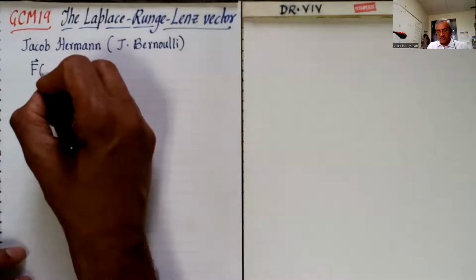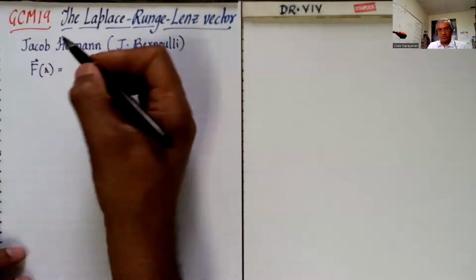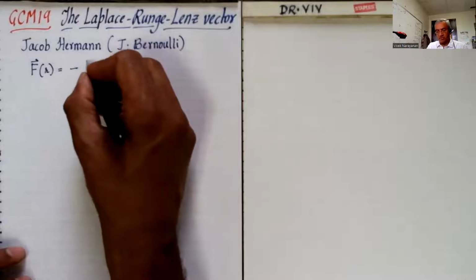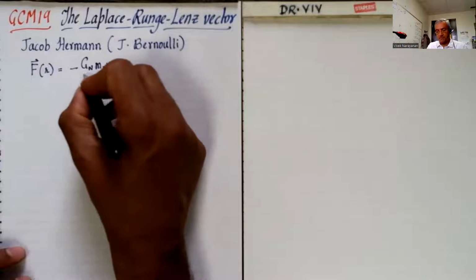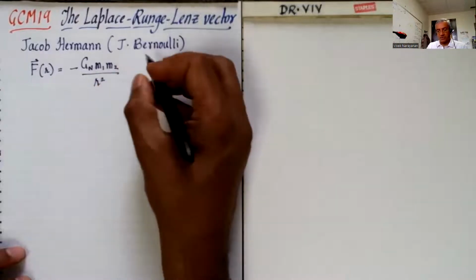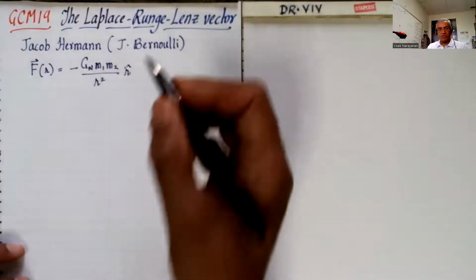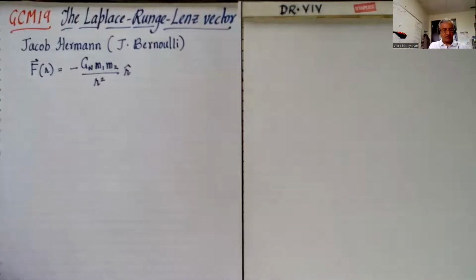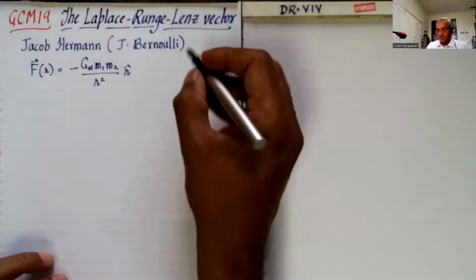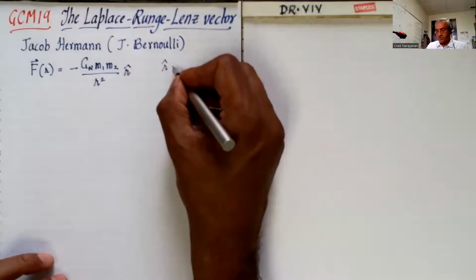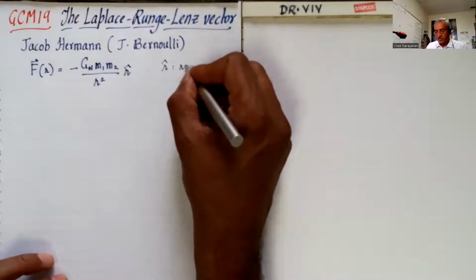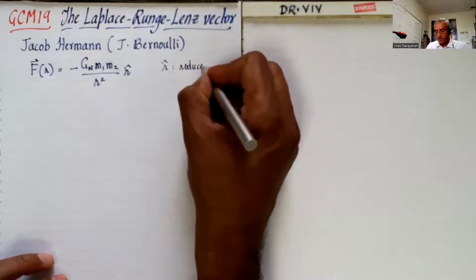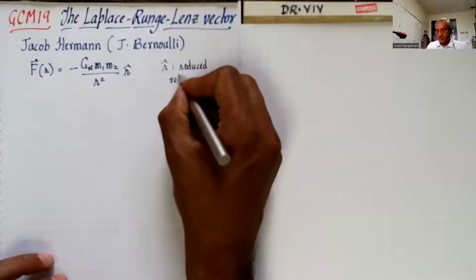The force of gravity between two objects is given by Newton's law as follows. Which is the familiar inverse square law times r hat, where let's define a few terms. r hat is the vector that points from, it's a reduced or relative vector.